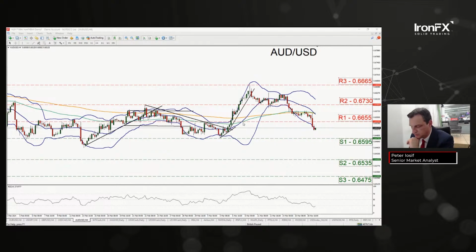The R2 at 0.6595. Let me verify that. Yep.